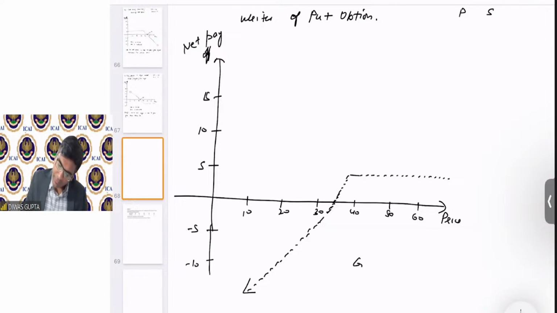Here, gain is limited and loss is unlimited, students.